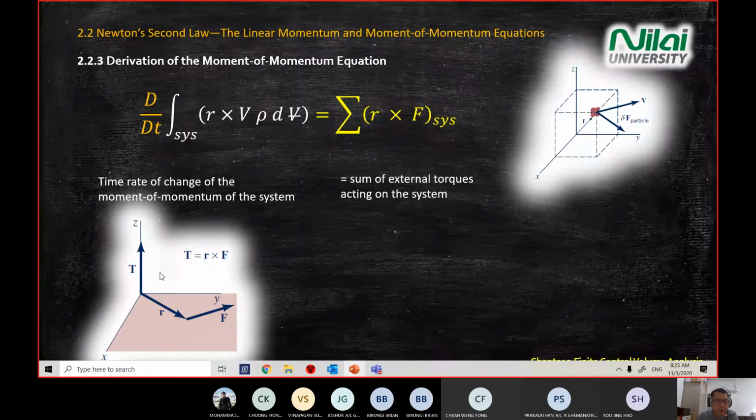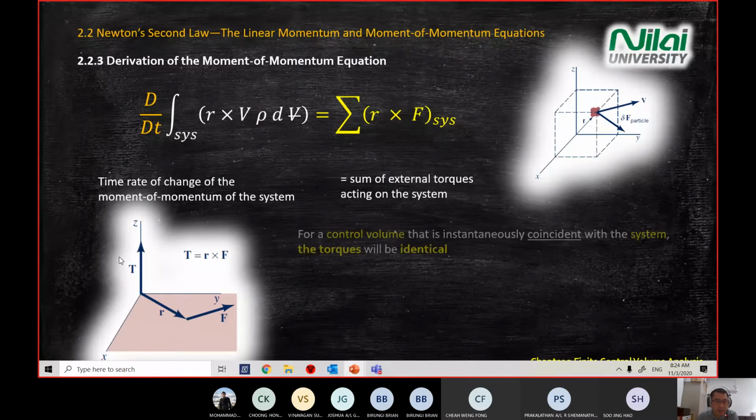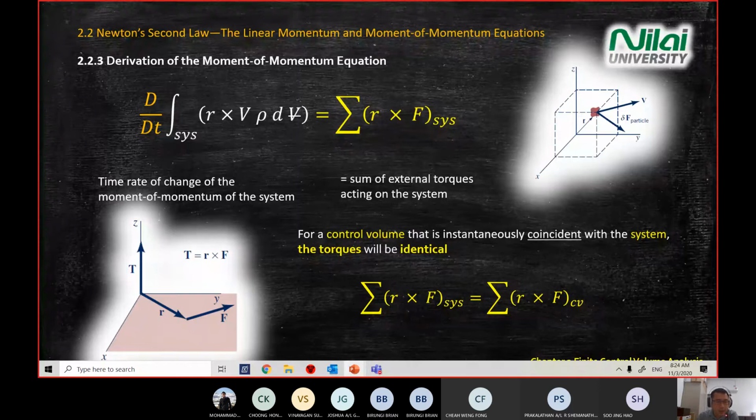So how do we know the direction of our torque? Later we're going to explain more about torque. If you look at this diagram, r times F goes anti-clockwise. We use the right hand rule: you put your hand at the origin and follow the swing of the force from the origin, which is anti-clockwise.